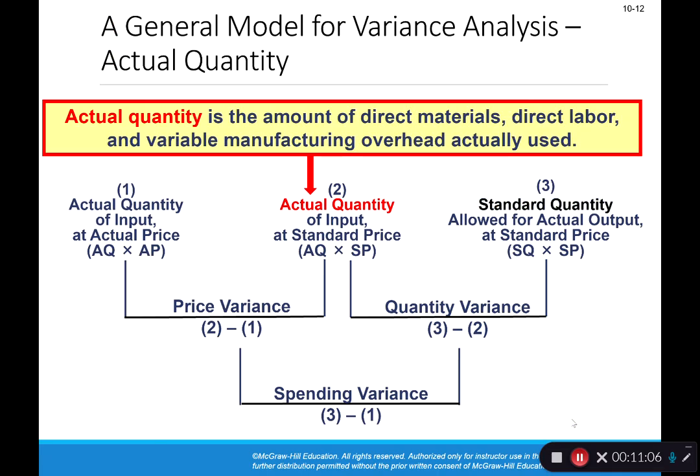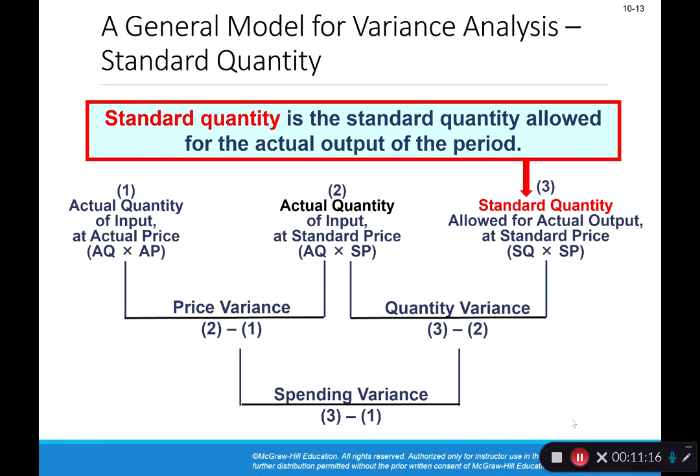The actual quantity that we're using in these columns is the actual quantity of direct materials, direct labor, or variable overhead that's actually used. The standard quantity is the standard allowed based on the actual output for the period. That's why I call it SQAAP, because it reminds me what I'm actually figuring out. I'm figuring out the standard quantity allowed based on the actual number of units that were produced.